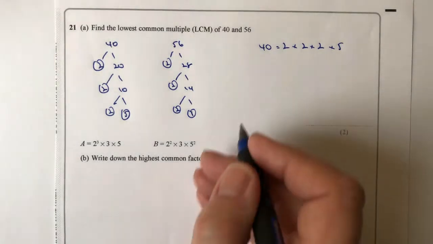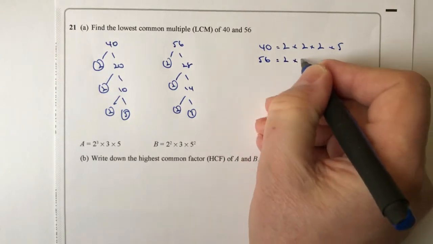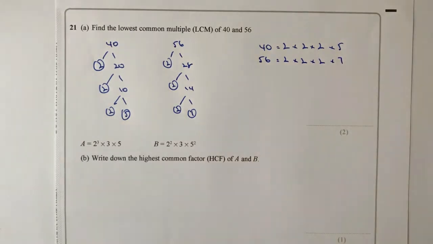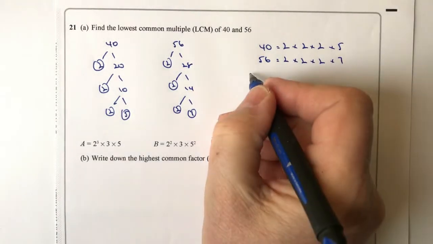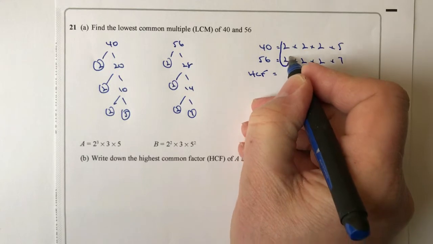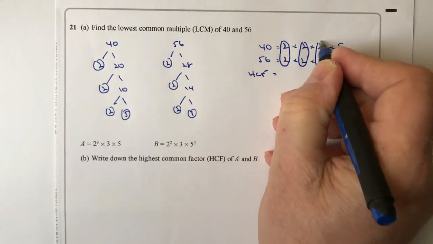Okay, so we're going to write 56, and I'm going to write it underneath, because then I can use this information to work out the lowest common multiple. But first I need the highest common factor, because I can see that when I've got these written like this, I can write 2 times 2 times 2.